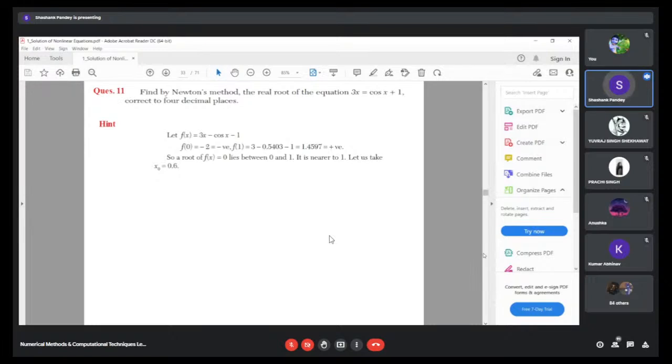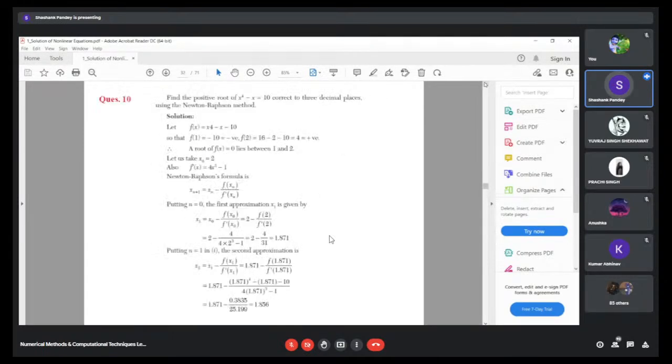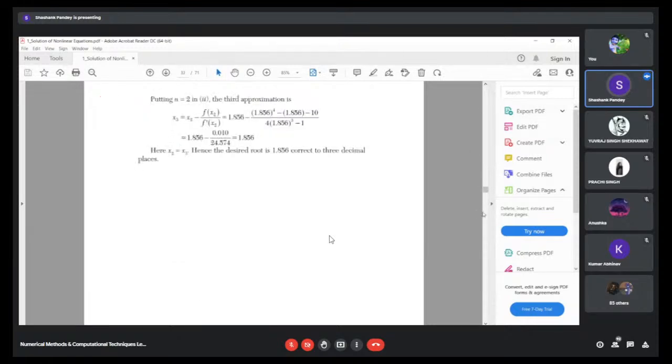So we will proceed with our derivation from here. Please give the roots using this formula, x n plus 1 is equal to x n minus the value of the function at x n divided by the value of the derivative of the function at x n.